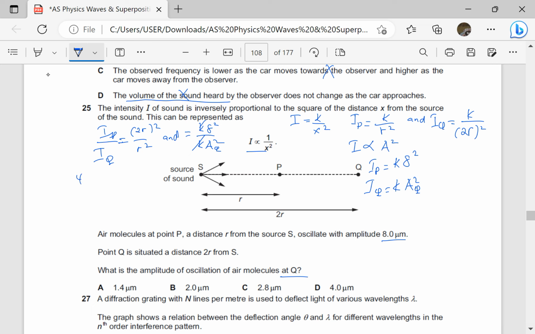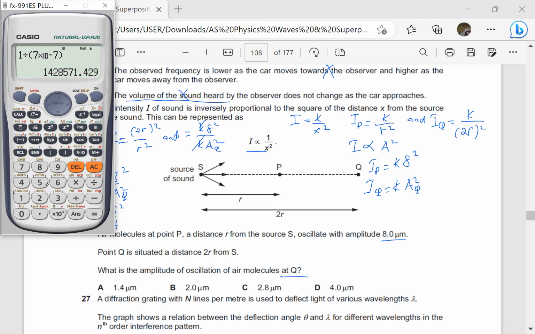Squaring that one gives us 4R squared over R squared equals 8 squared over amplitude of Q squared. So R squared cancels. So we notice that amplitude of Q squared is going to be 8 squared divided by 4. Is it 16?